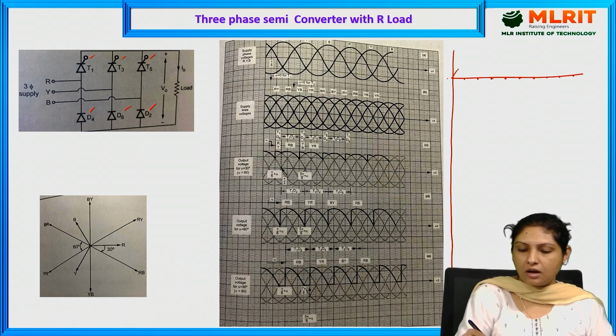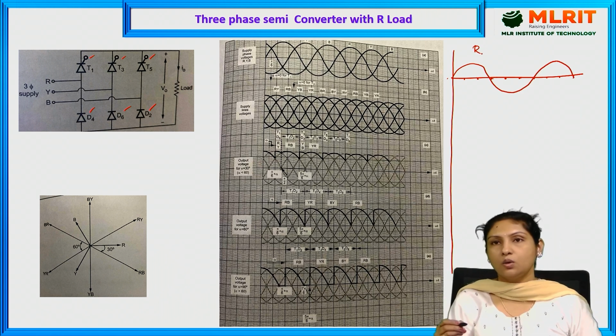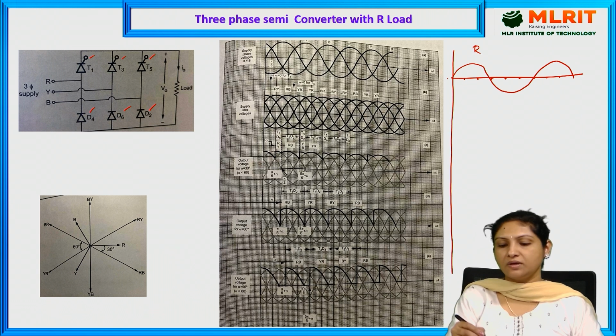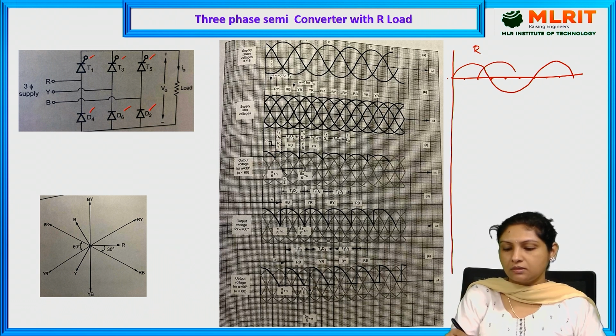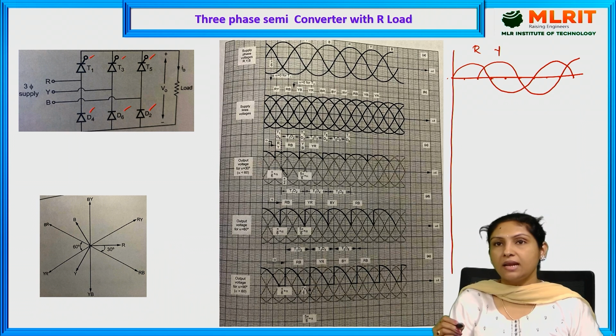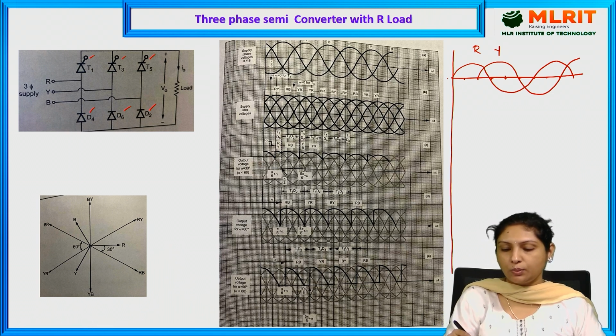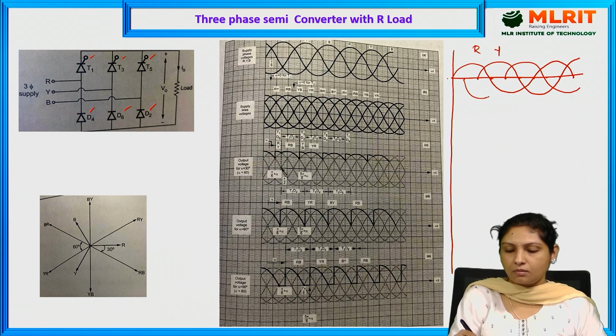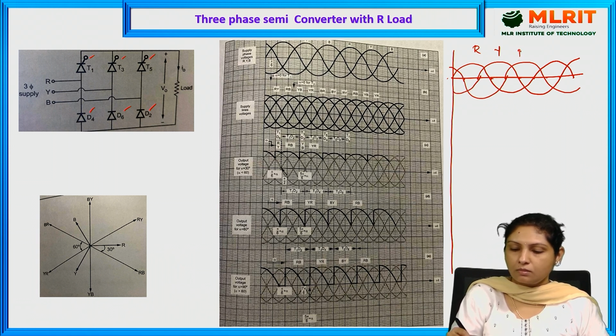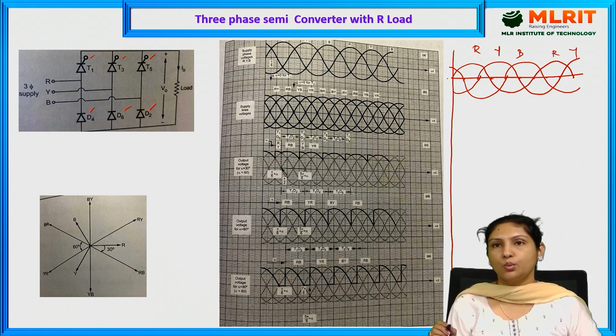Here R phase starts from 0, R phase is the reference, and then Y phase lags behind R phase by 120 degrees, and B phase lags behind Y phase by 120 degrees. Each are 120 degrees apart.